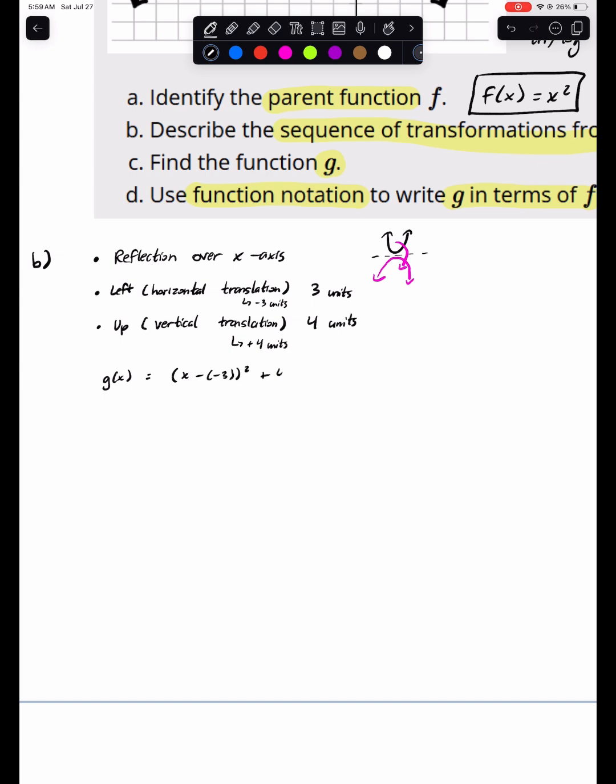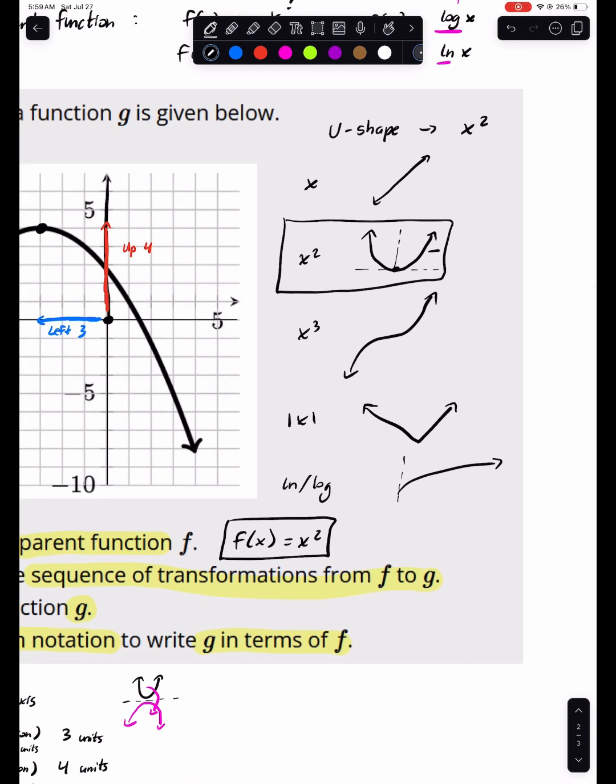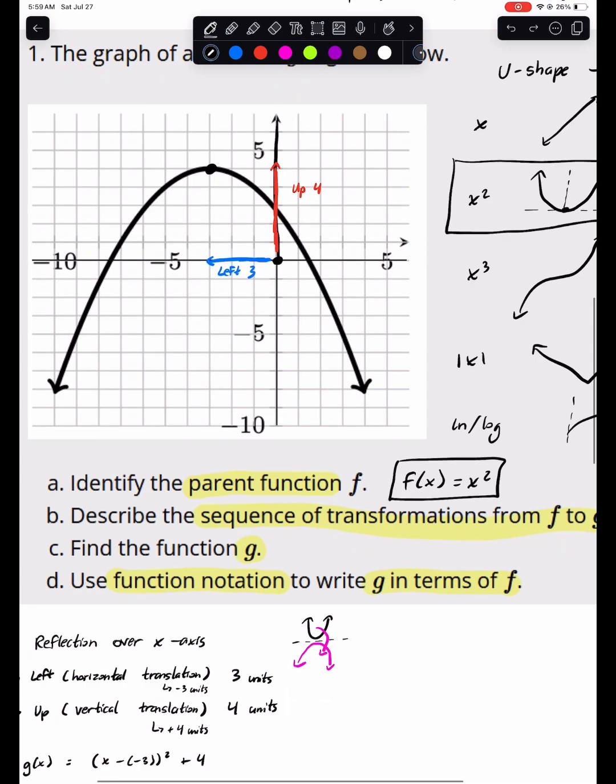But this assumes that we didn't stretch it this way and this way, or shrink it up and down. So we have to make sure that the points are where they should be.